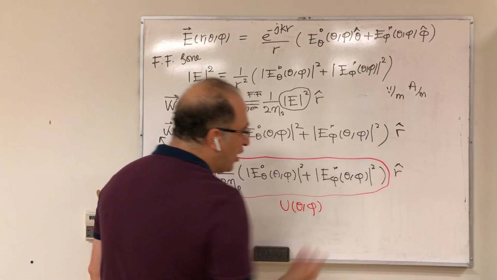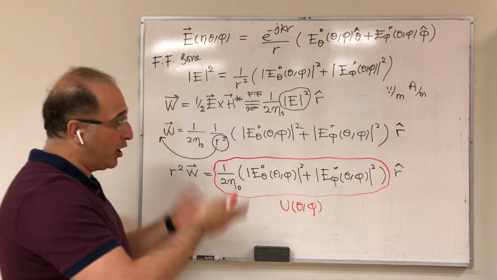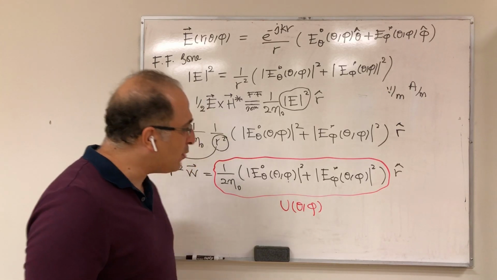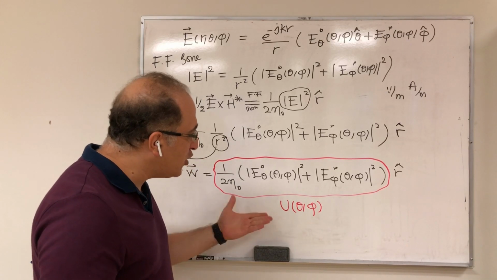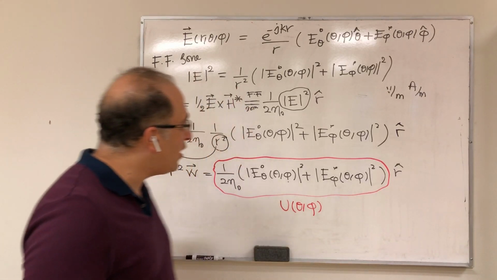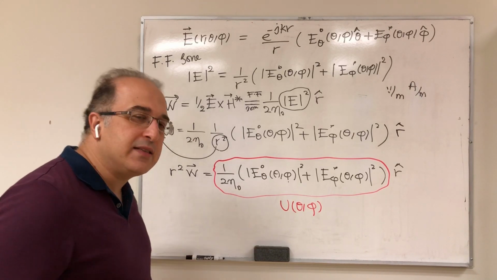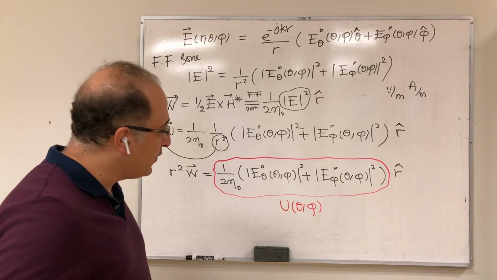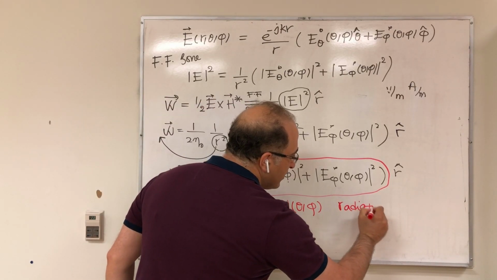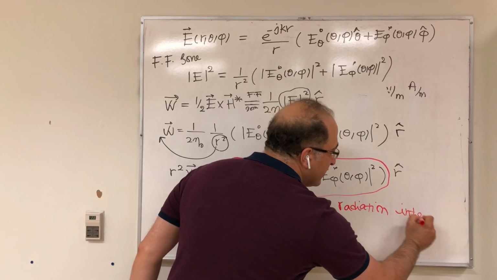So I'm just going to take this side and assume that things would be in the direction of R hat. So this is my radiation intensity. It's not a vector. I put aside R hat. And the other thing that you see here is that this is purely angular. And I call this radiation intensity, not density, intensity.